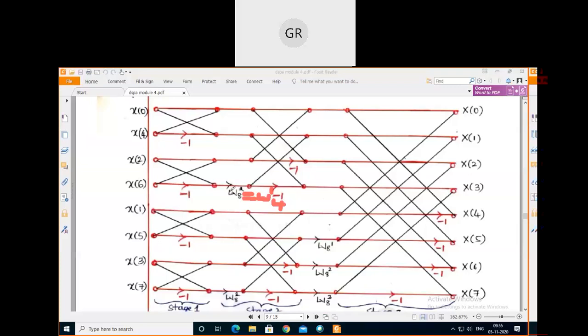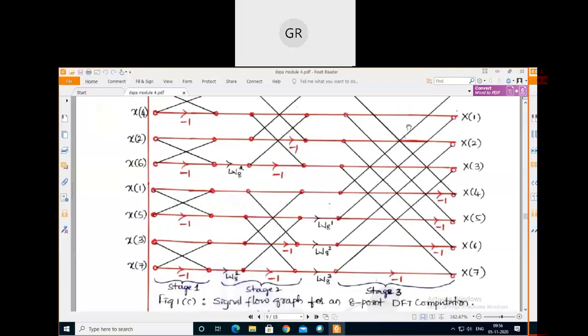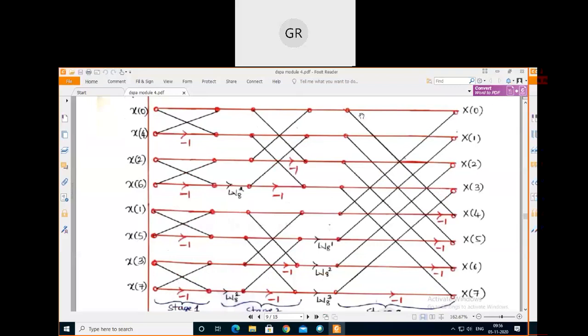Then again consider another 4 inputs and construct the butterflies. This is the second stage.